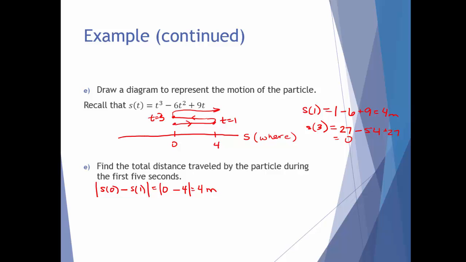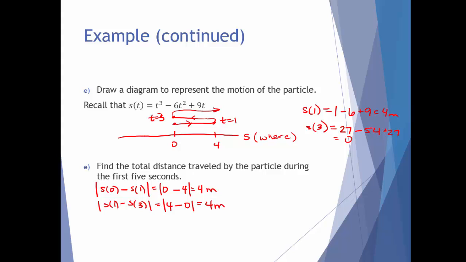That's what we saw up above. Again, in between 1 and 3 seconds, we already know the answer is going to come out to be 4. But the notation would be S of 1 minus S of 3 inside absolute values. We knew that S of 1 was 4 and that S of 3 was 0. And that's how we got 4 meters.